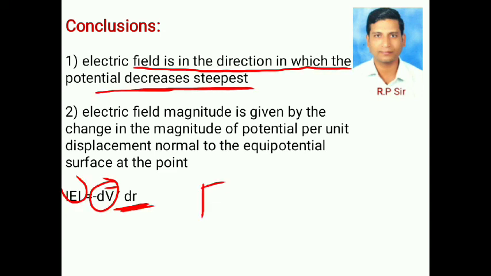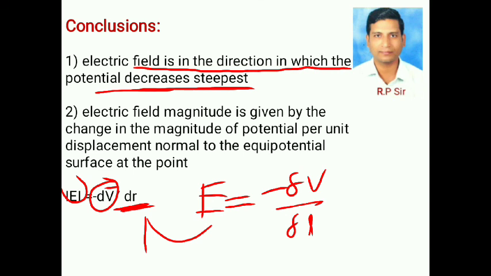That is, E equals minus delta V by delta L, or we may also write E equals minus dV by dr.